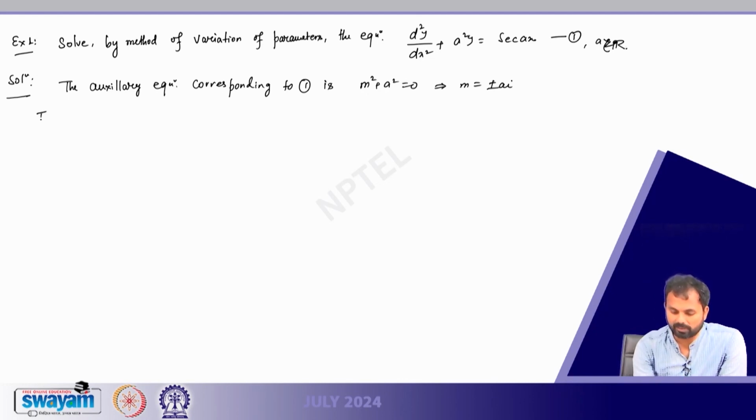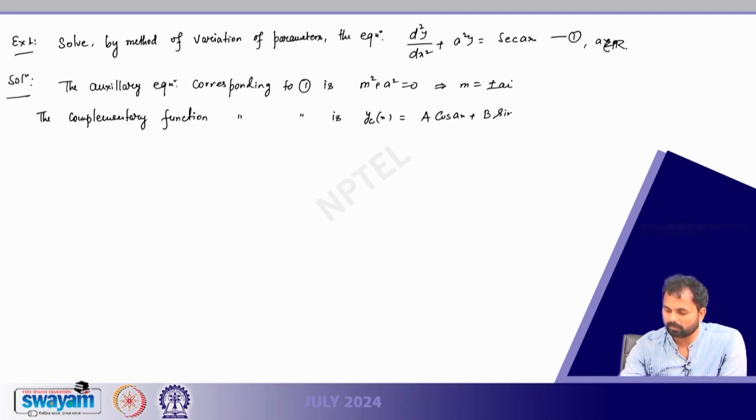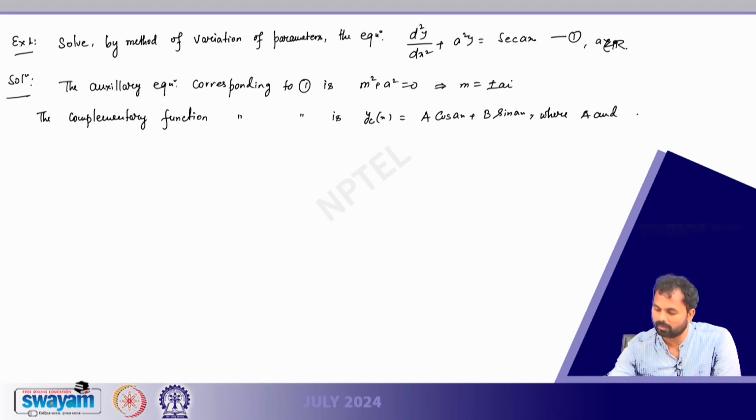Therefore the complementary function corresponding to 1 is y_c(x) equals A cos of ax plus B sin of ax, where A and B are arbitrary constants.